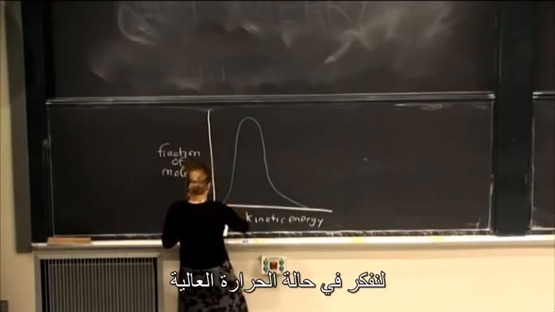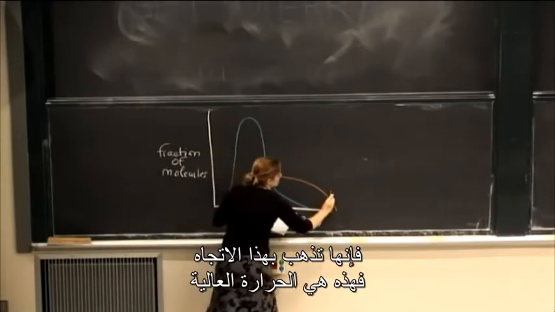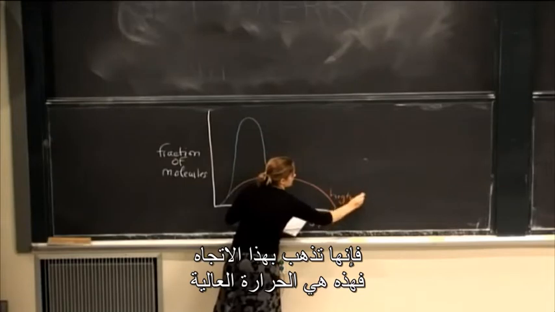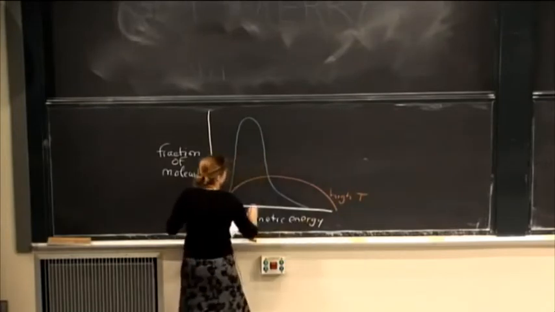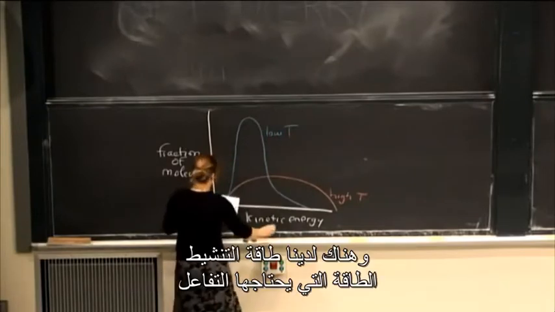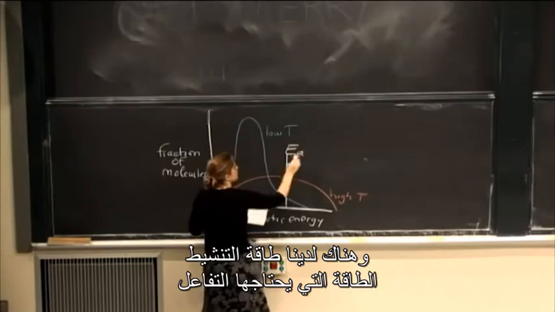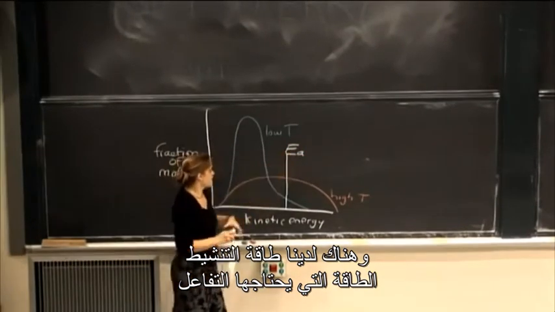And let's think about a higher temperature, go like this. So this is high temperature, and we have low temperature up here. And then over here we would have our activation energy, the energy needed for reaction.